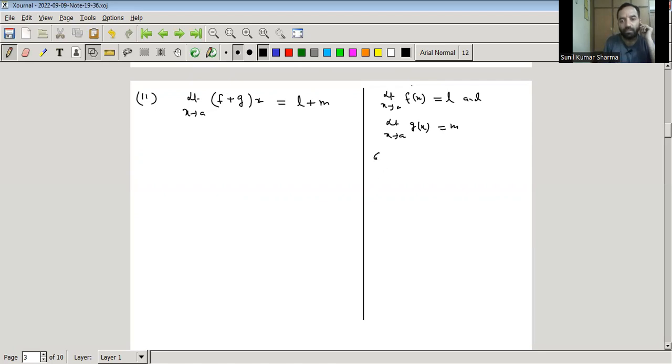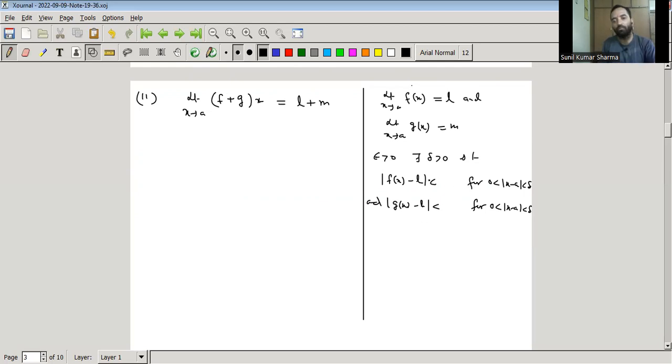It means given epsilon greater than 0, there exists delta greater than 0, such that mod f(x) minus L is less than something for 0 less than mod x minus a less than delta, and mod g(x) minus M is less than something for 0 less than mod x minus a less than delta, right?